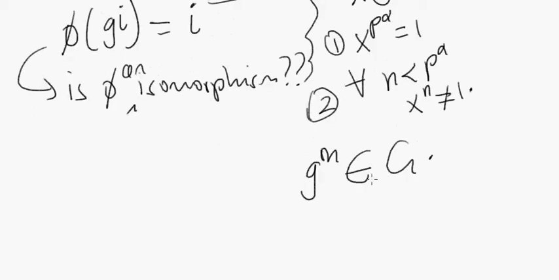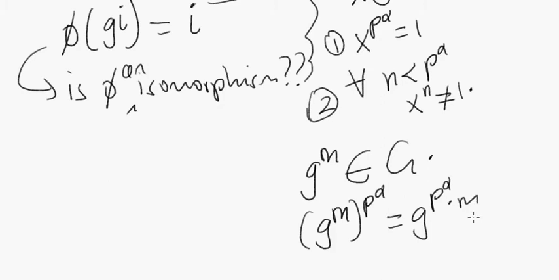Let's check if the first condition holds. What's G to the M raised to the power of P to the alpha? Isn't that just G to the P to the alpha times M? But given that little g generates our group and the order of our group was given to be P to the alpha times M, can we say that G to the P to the alpha times M is actually just the identity?